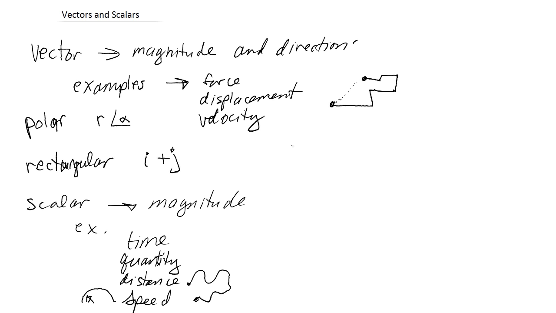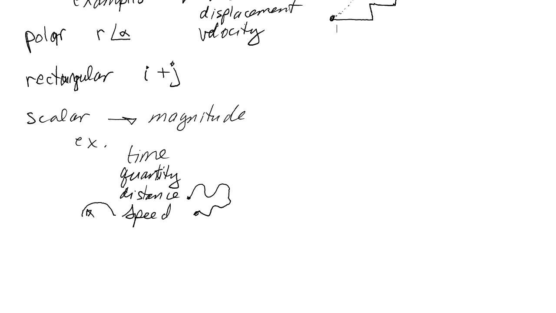Okay, so let's talk about how we express polar coordinates and how we express rectangular coordinates. Polar coordinates and rectangular coordinates can both be drawn on the xy axis, and this arrow could represent some vector. Let's say that I call that vector r.